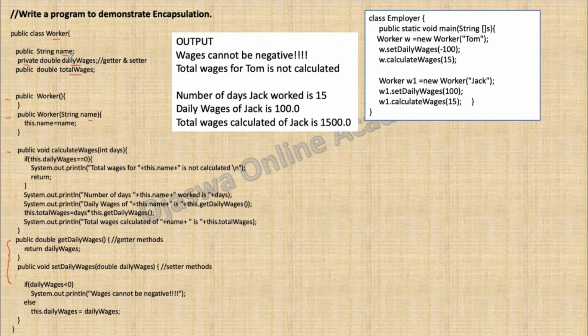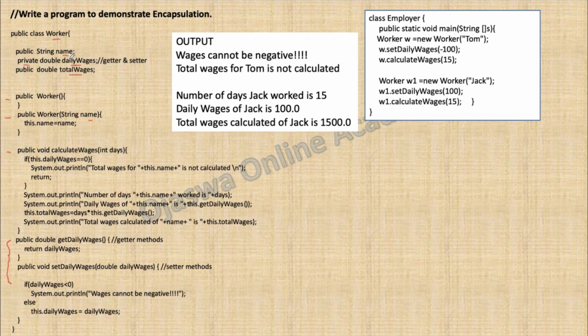So what if another class needs to access the variable? To make the private variable accessible to other classes, you should write public methods through which other classes can access the private variable. So direct access is not possible, but the private variable can be accessed through public methods. The other class, in our case, is the Employer class.